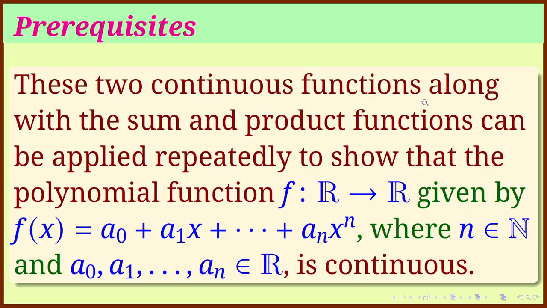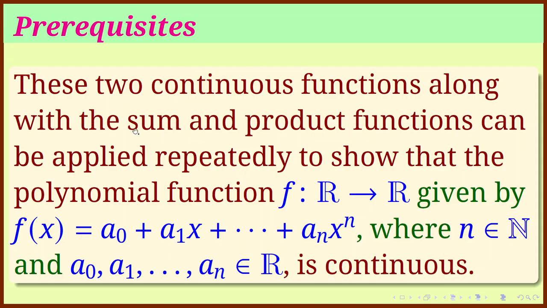These two continuous functions along with the sum and product functions can be applied repeatedly to show that the polynomial function f from R to R given by f(x) equals a0 plus a1 x plus dot dot dot plus an x to the power n, where n is a natural number and all these ai's are real numbers, is continuous.